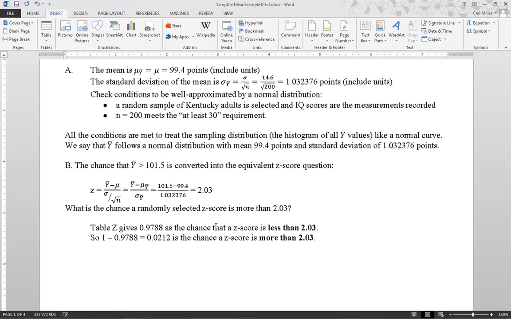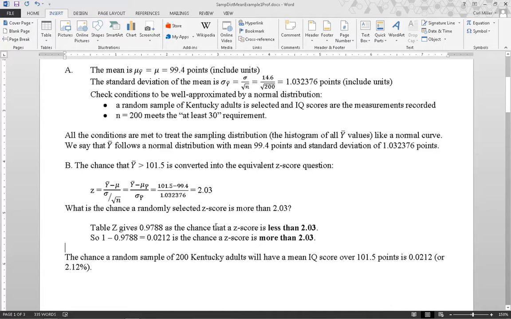So 1 minus 0.9788, which equals 0.0212, is the chance the z-score is more than 2.03. In summary, the chance a random sample of 200 Kentucky adults will have a mean IQ score over 101.5 points is 0.0212, or 2.12%.